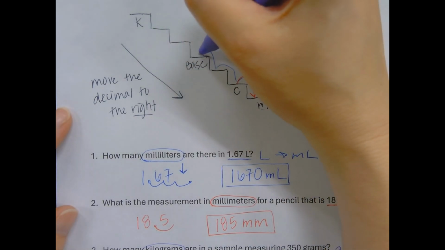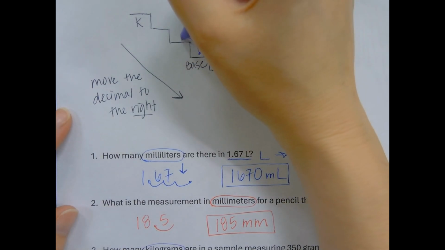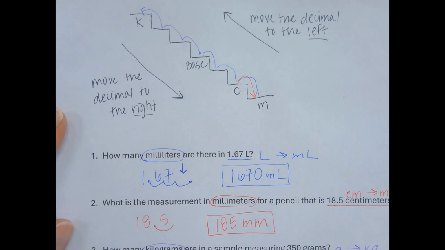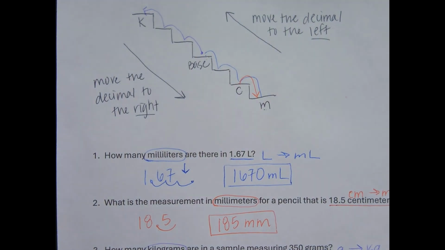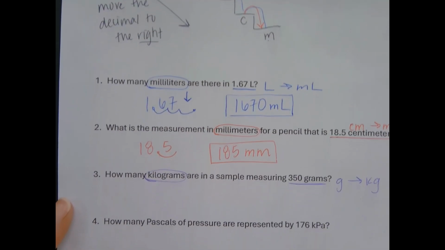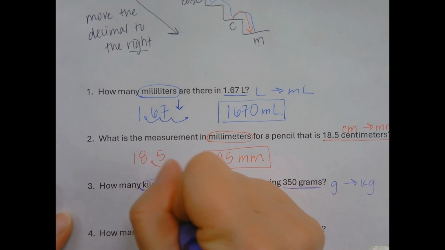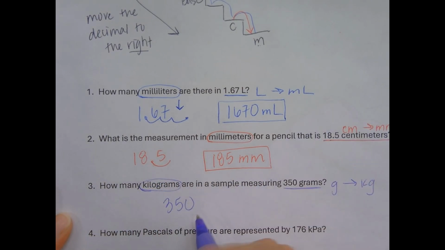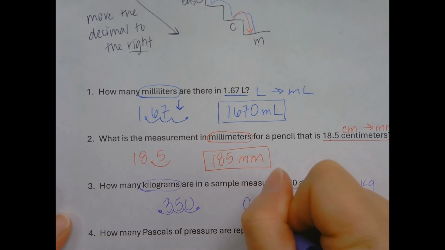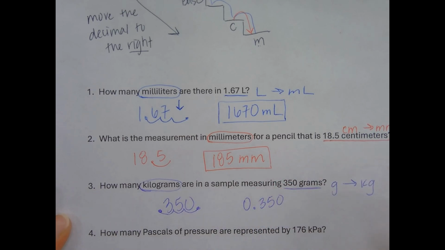So I'm going to move 1, 2, 3 times to kilograms. Since I'm moving up the staircase, I'm going to move my decimal to the left. So 350, the decimal is at the end, and I'm going to move it to the left 3 times: 1, 2, 3. So my answer is 0.350 kilograms.